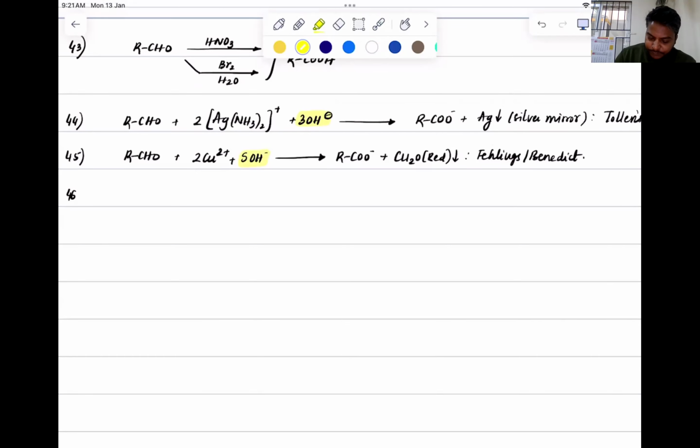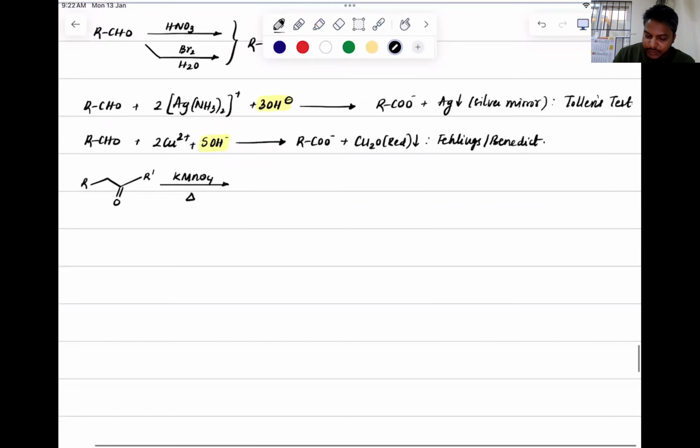46. This is a very, very important question, straight away picked out from NCERT. It was asked in 2022, right? They made this as some R' here, and they simply mentioned KMnO4 and heat. And they said you're getting products A plus B plus C plus D. Find these products.